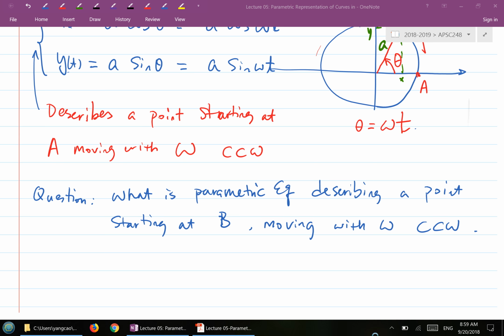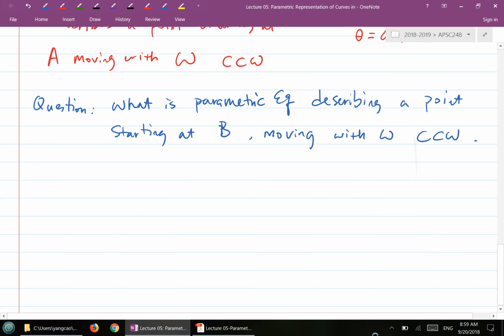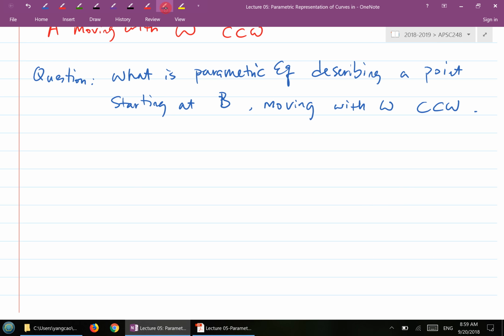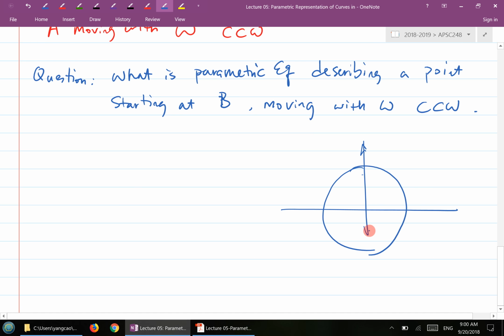Let's draw the curve again. Here's the B point, it's starting here. If you start here, moving at constant angular velocity omega, then naturally this is your t equal to 0 point.